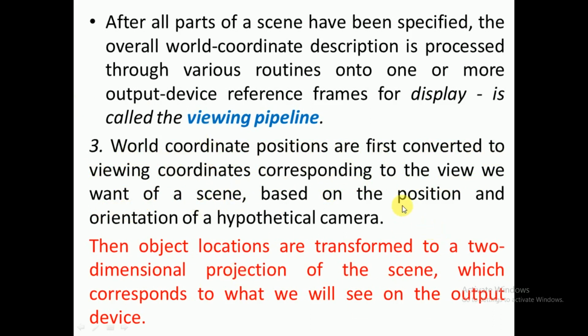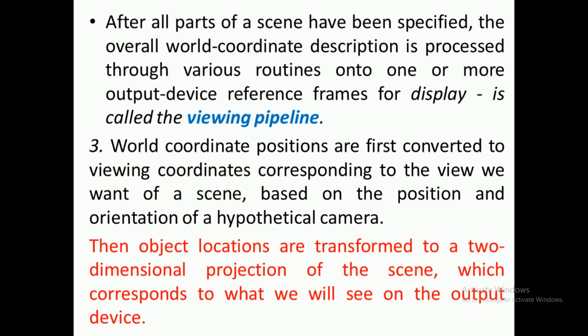In that cycle, what do you want to see: only the front wheel, the back wheel, or the entire image? That is viewing coordinate. Means which part of that object you want to view on your monitor has to be converted. Which view of that scene you want to see, that scene has to be converted to viewing coordinate. Right? Again, it is not compulsory that you have to see the entire cycle.